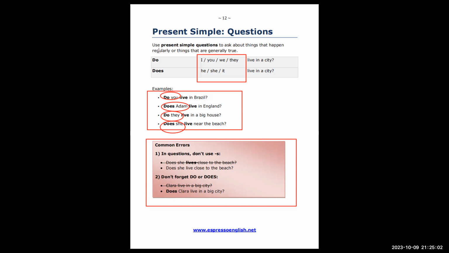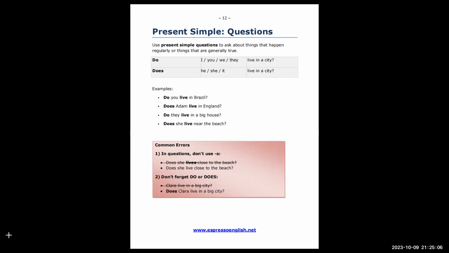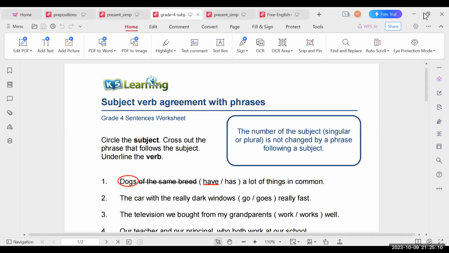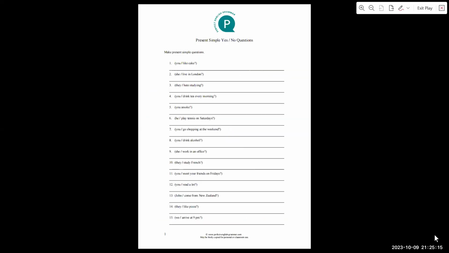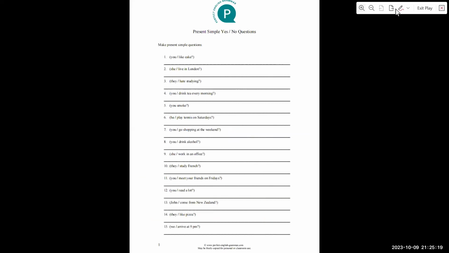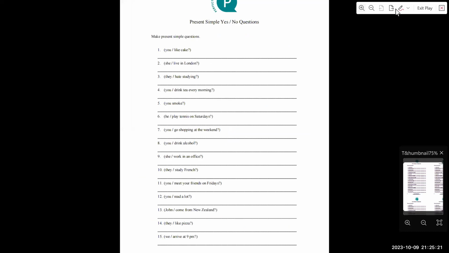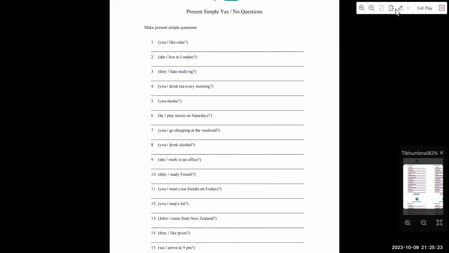Okay, let me erase first. Okay, here. So again, I think you already remember what the subjects are that you need to use do and does for.